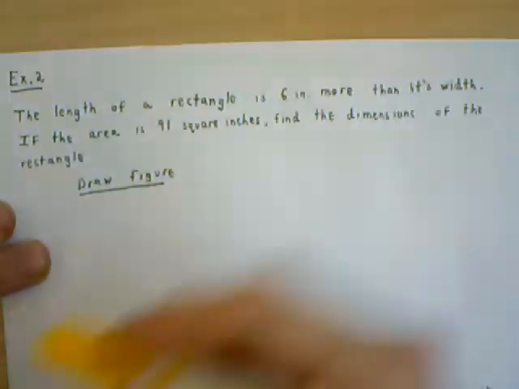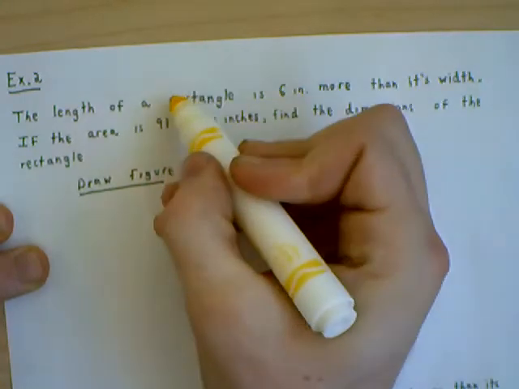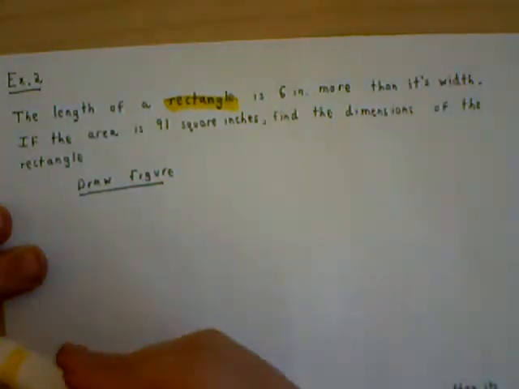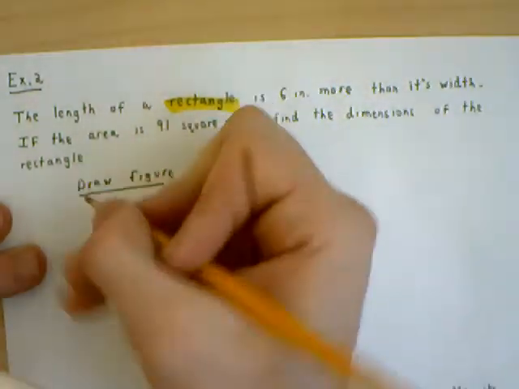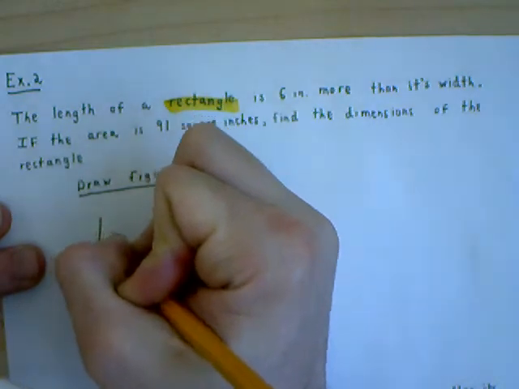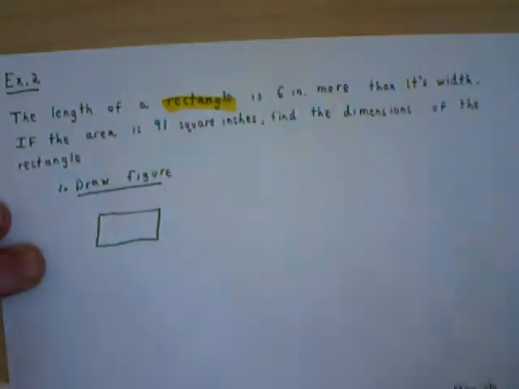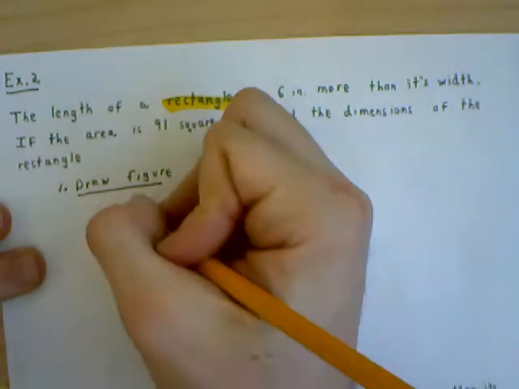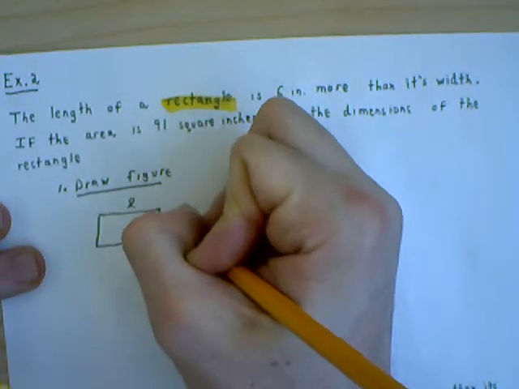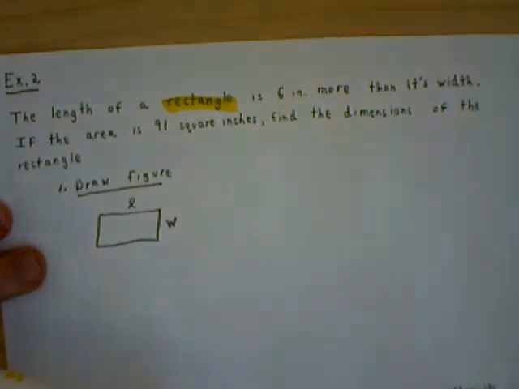In the problem, figure out the figure they're talking about. They're talking about a rectangle. So I know that I should draw a rectangle. Now, go ahead and label the rectangle. The length is the longer side. The width is this side.